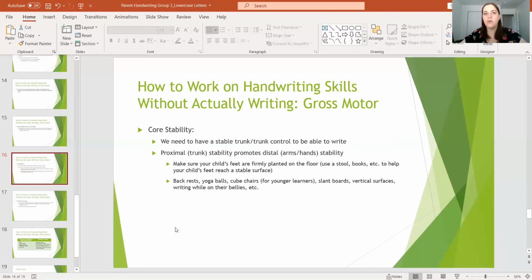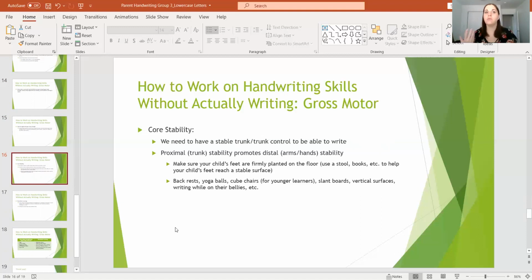If our kiddo needs to do something fine motor based at the table that involves a lot of focus, and this goes for things like feeding and eating as well, they need that trunk control. And if trunk control is something that they struggle with, if their feet are hanging in the air, just out in space, they have way less trunk control than a child whose feet are firmly planted on the floor.